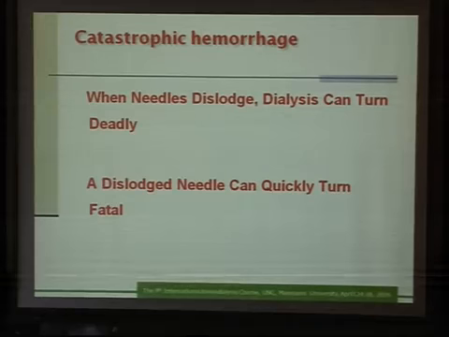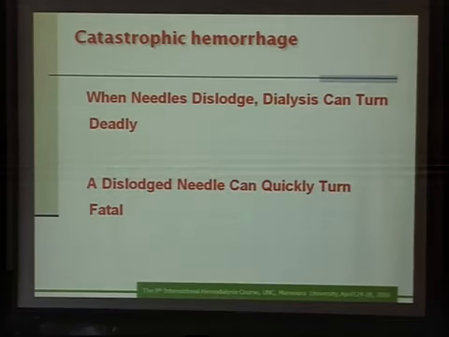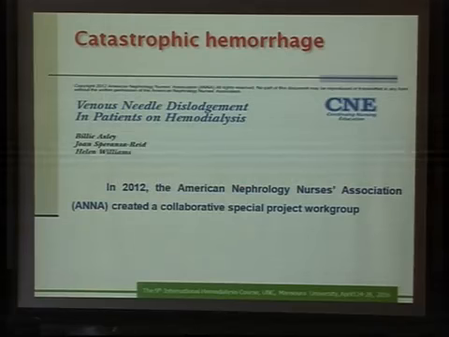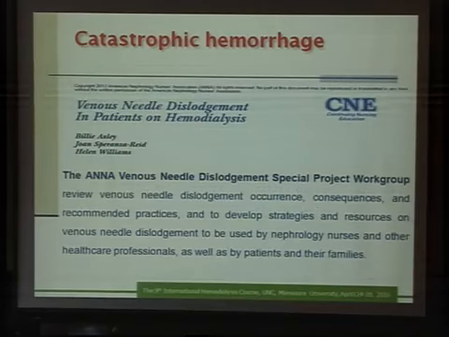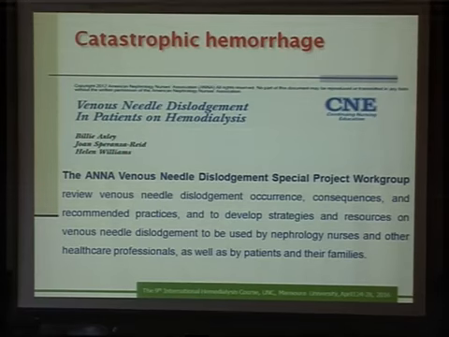The most common cause of catastrophic hemorrhage is dislodgement of the needle from the patient. So the dialysis then could be deadly and fatal. Because this subject is very important, the American Nephrology Nurse Association created a collaborative special work group, which is called the venous needle dislodgement special project group.